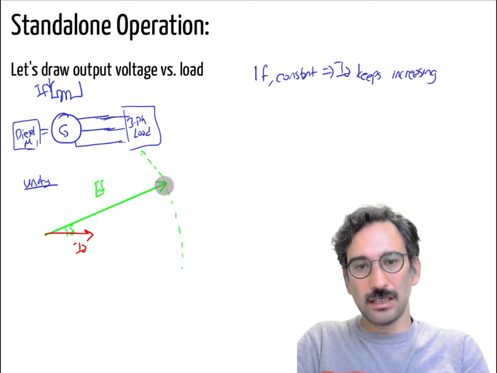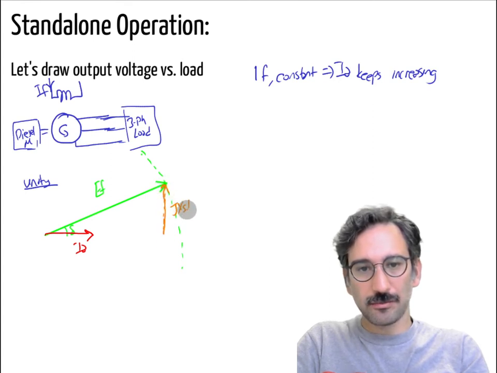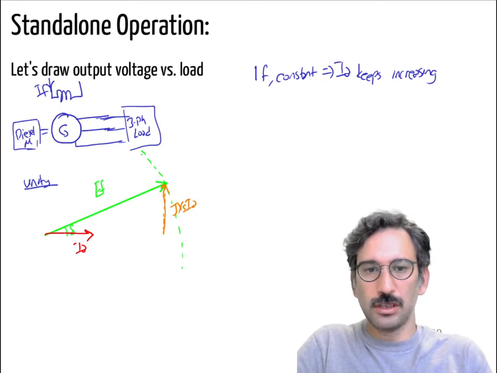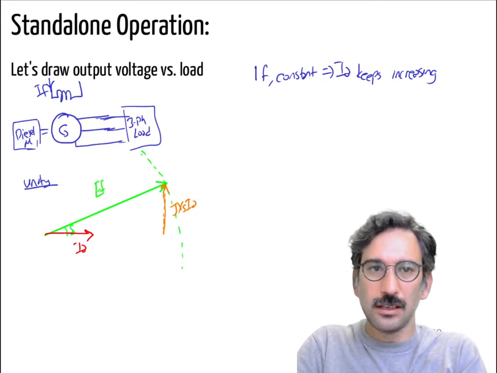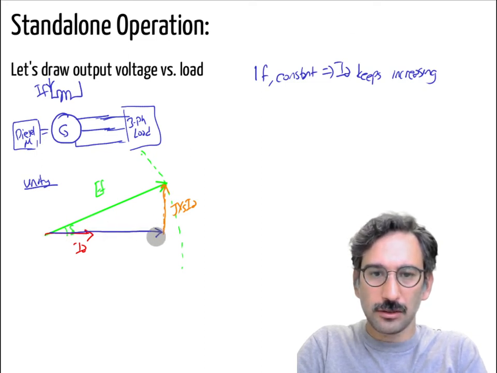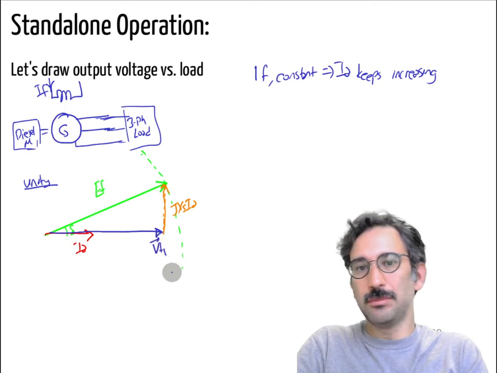If EF is here and if IA is that much, then my jXsIA will be here. So that means my first terminal voltage, let's call that VT1, will be here.